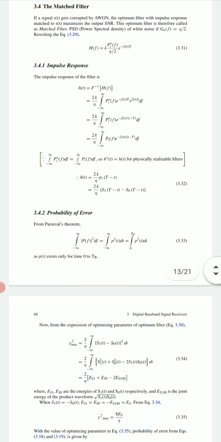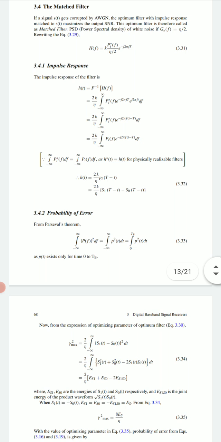Now we are supposed to see the impulse response of the matched filter. To get the impulse response of the filter, we take the inverse Fourier transform of H(f), which will be in integration form. You will get 2k upon N naught, or 2k upon eta, into the integration from minus infinity to infinity. You can take g or you can take p; you only need to understand what terms we are using.